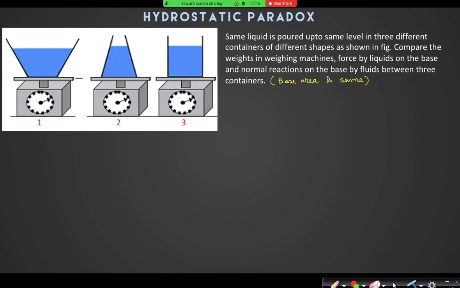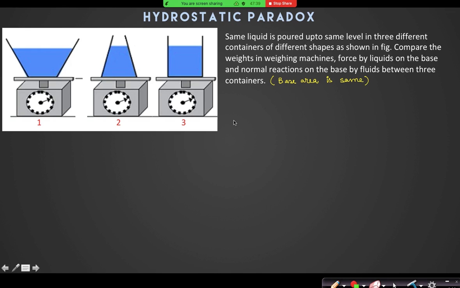What about the weights? Sir, all are same. The weight, force by liquid, and normal reaction all are same. No. The weight will depend upon the shape of the container and the amount of liquid present.